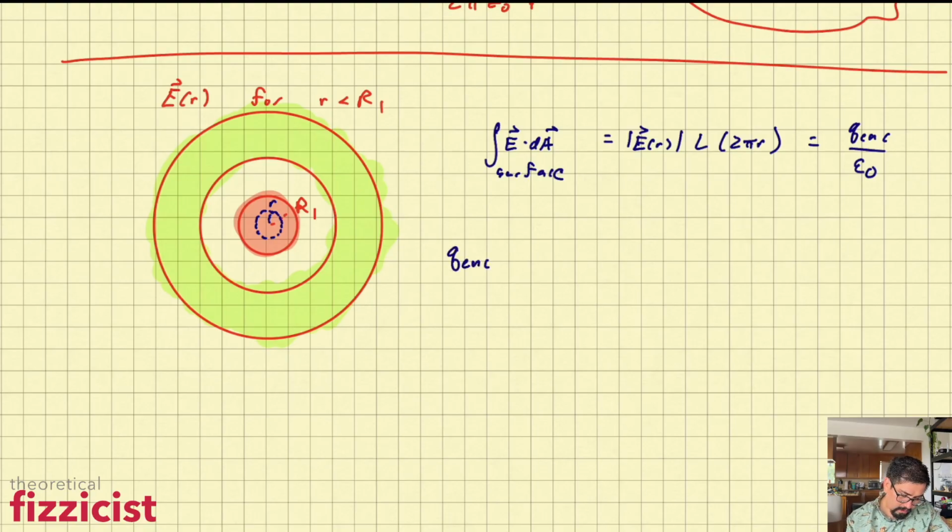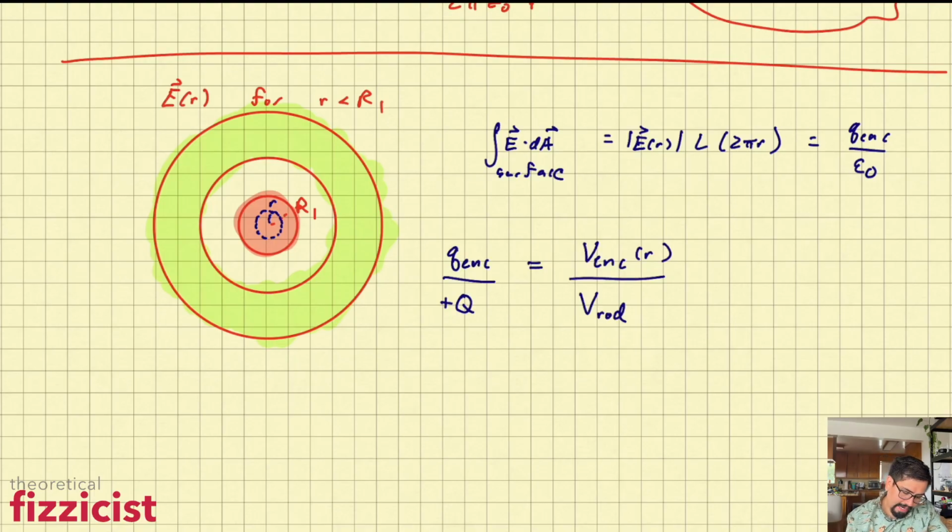Q enclosed divided by the total charge has to equal the volume enclosed at little r divided by the total volume of the insulating rod. The argument is if the volume that we are surrounding with our Gaussian surface constitutes 1/2 of the total volume of the insulating rod, it should also contain half of the total charge.